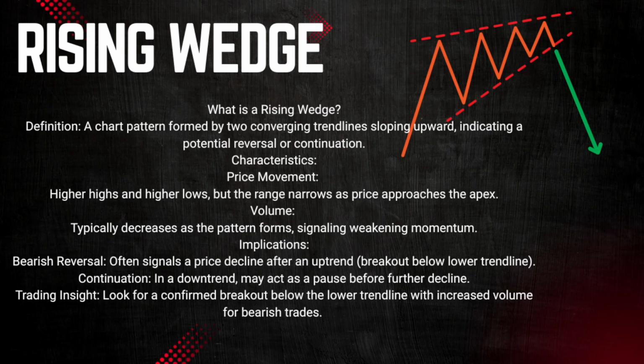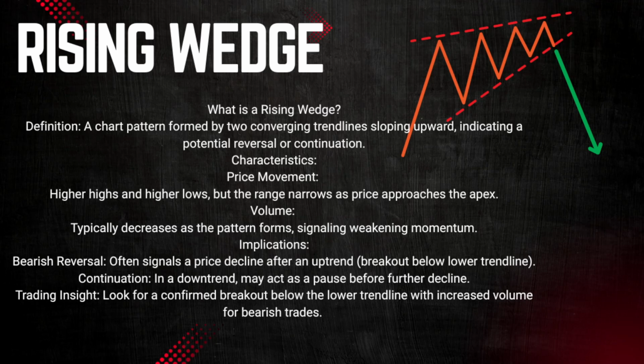As you can see on the image, you see higher highs: one high, one higher high, another higher high, and also you see higher lows. This is important to take note of, and this is what eventually creates this upward sloping line. So that's important to keep an eye on.